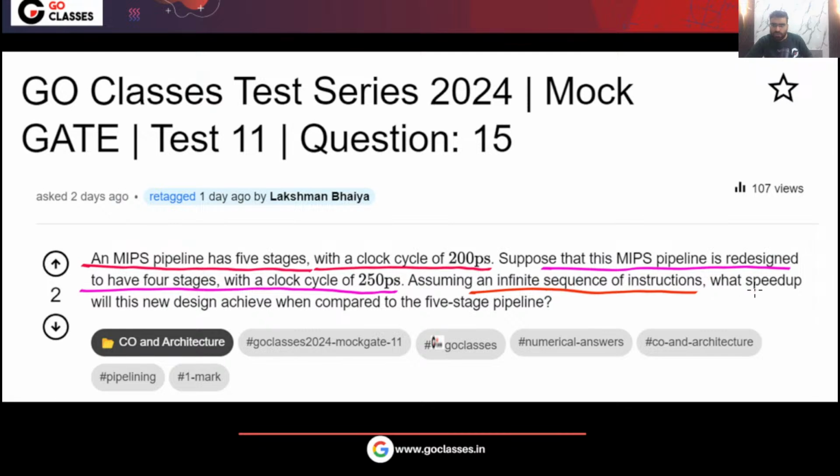Assume an infinite sequence of instructions. What speedup does the new design achieve compared to the old design?